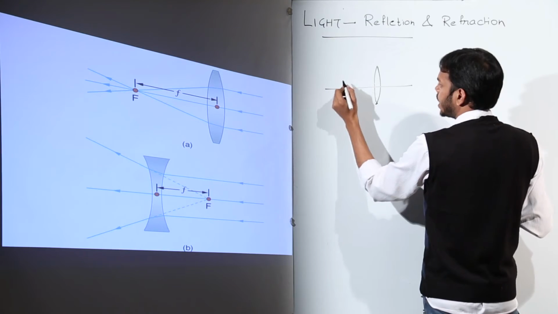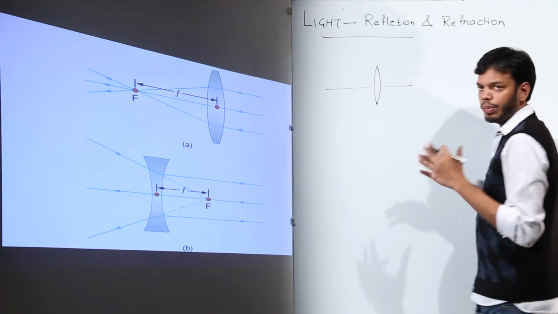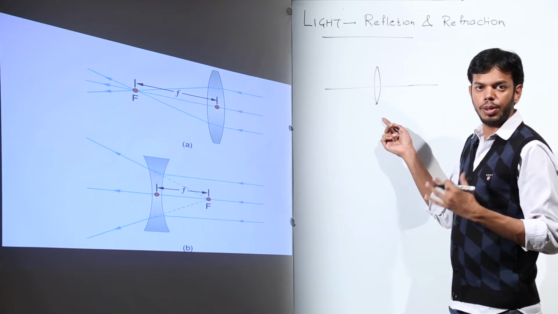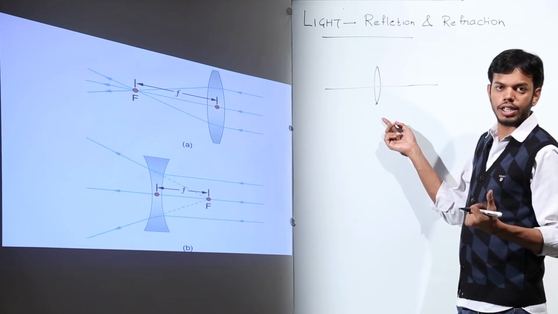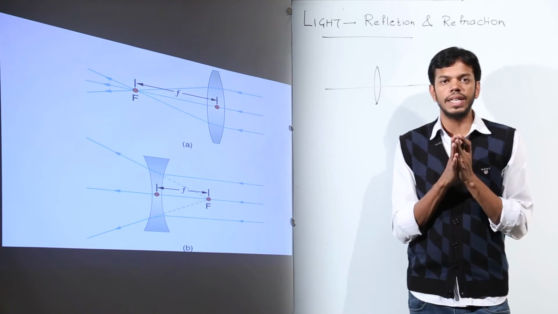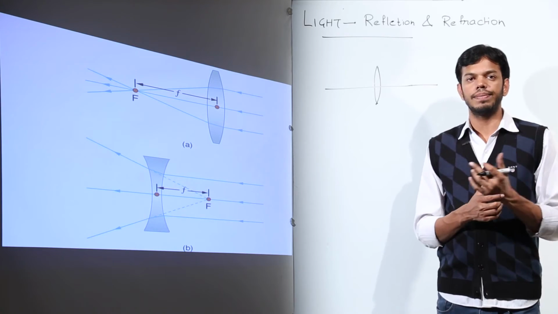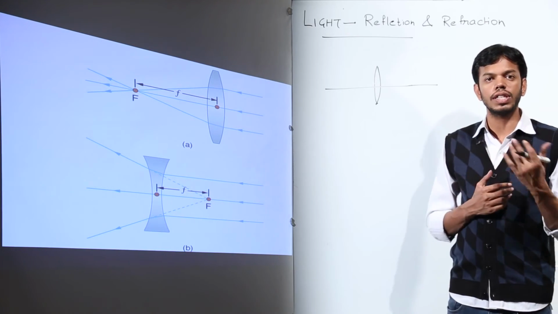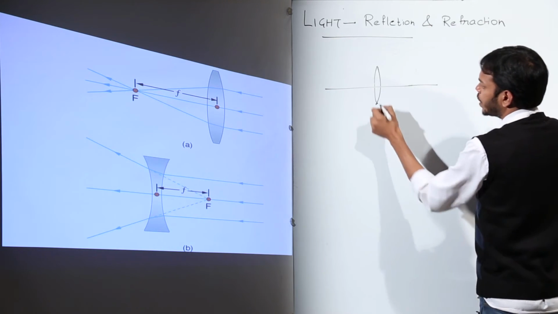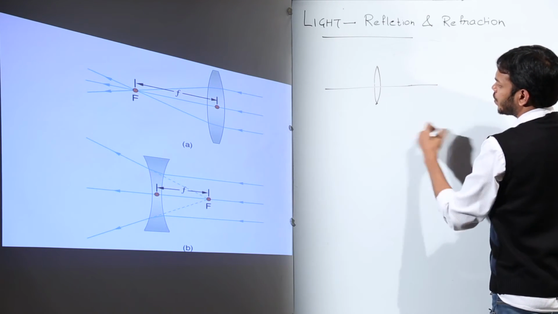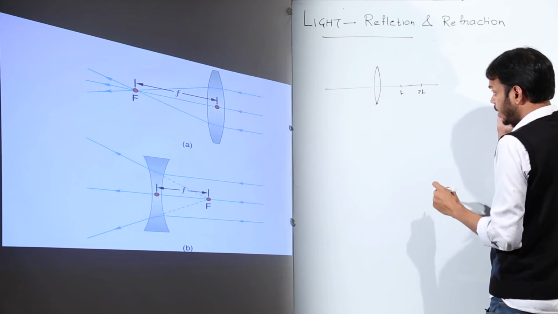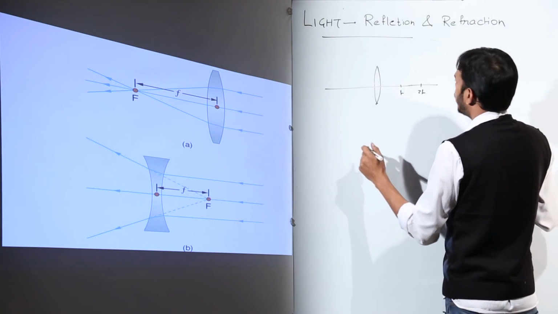See, one more thing: in the case of a convex lens, there will be two focuses and two radii of curvature, of this surface and this surface, but the measurements and the ray diagram are always to be taken from the first surface only. That means the radius of curvature of the first surface, the sphere will be on this side, F and 2F, right? So I am talking about rays.